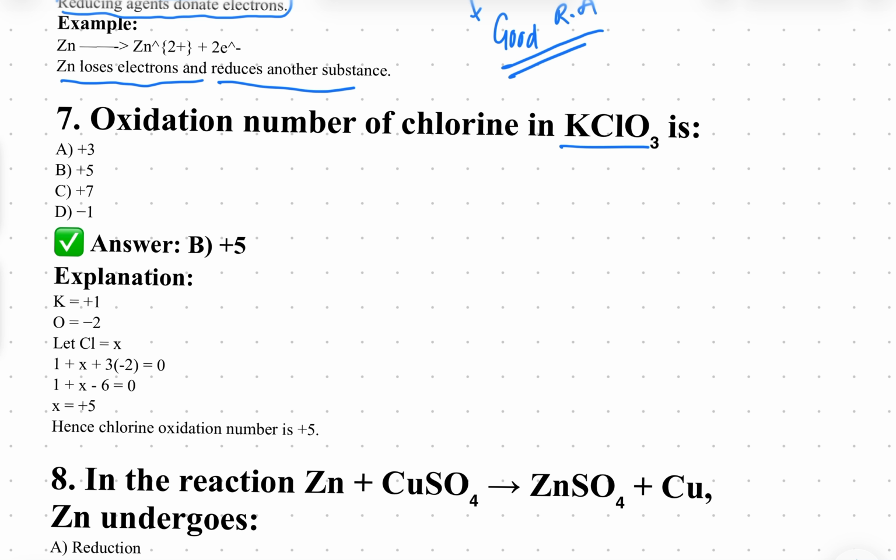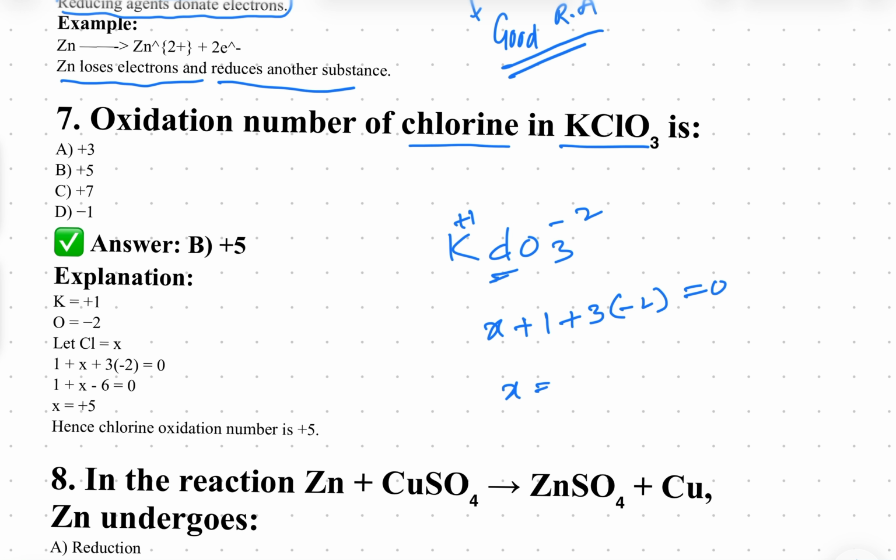Oxidation number of chlorine in KClO3. So he is asking the oxidation number of chlorine in KClO3. You can take generally potassium plus 1, oxygen minus 2. KClO3: let chlorine be X, potassium plus 1, three oxygens, 3 times minus 2, is equal to 0.